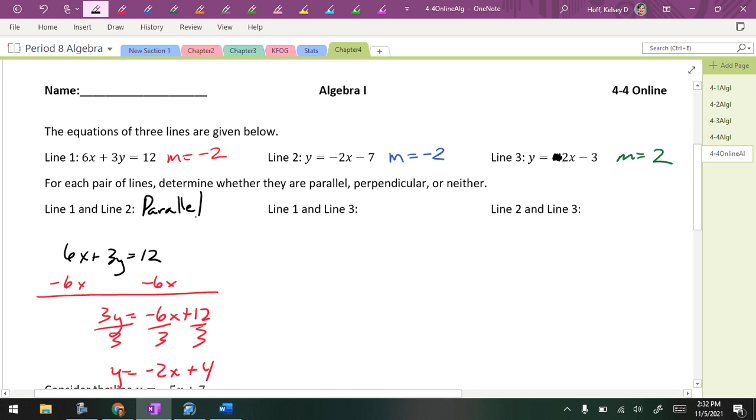Line 1 and 3. Neither. All we did was change the sign. We didn't flip it, so they're just 2 lines that cross. Line 2 and 3. Neither. If they are going to be perpendicular, they are opposite reciprocals. So if it was negative 2, the opposite reciprocal would be 1/2, and it's not 1/2.